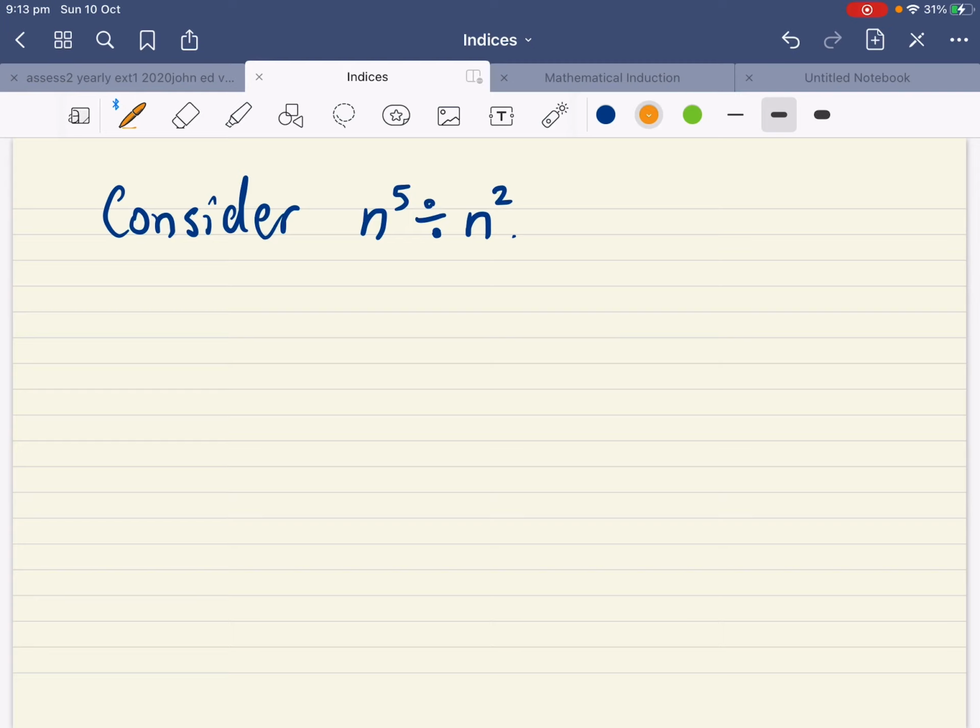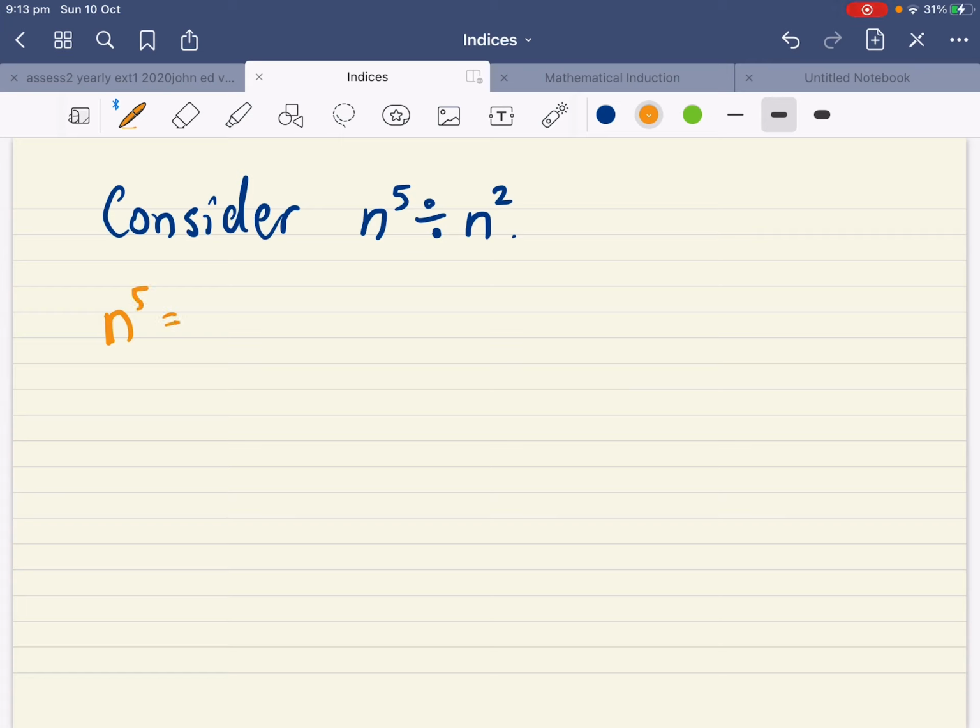So here I'm going to ask you to consider n to the power of 5 divided by n squared. Now, we're going to obviously simplify this. We're going to work out what this thing is equal to. Well, firstly, what actually is n to the power of 5?